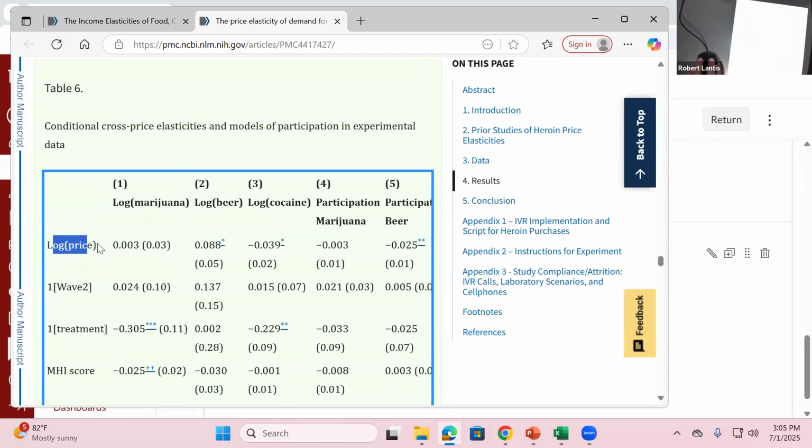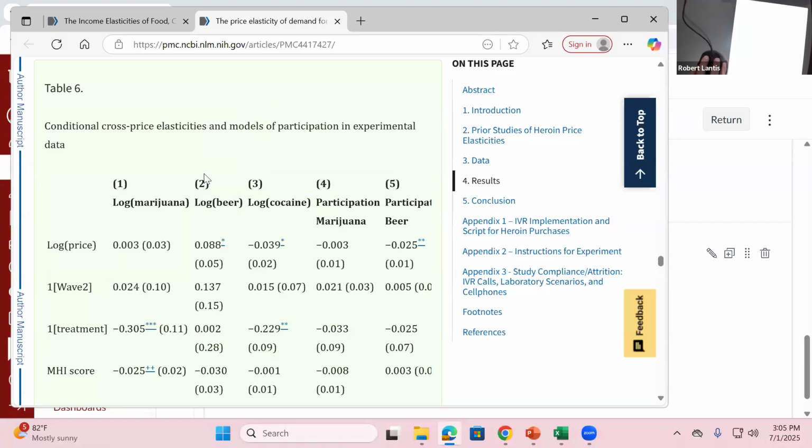This is telling me when the price of heroin changed, did that change how much marijuana, beer, or cocaine people were using? So you can almost think about a lawmaker saying, what if we somehow legalize heroin, but tax it, increase the price? What's that going to do to the consumption of other goods?